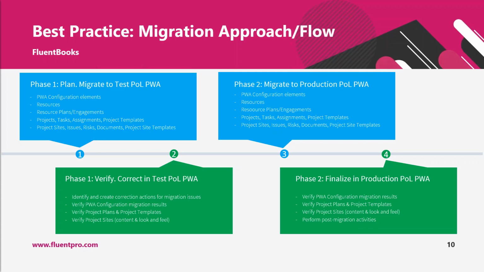So there is a difference in migrating modified projects and project sites. With projects, the whole project would need to be remigrated. With project sites, it's a bit easier. You will be able to download only modified list items and documents and then upload them to Project Online.